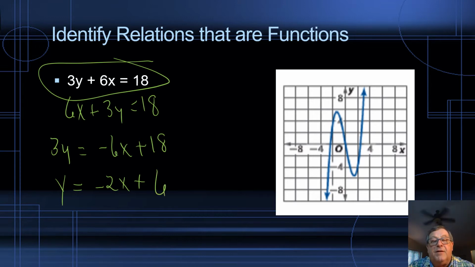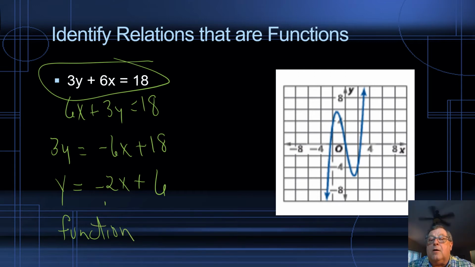And I now have this in slope-intercept form, and therefore this is a linear function. If I wanted to graph it, I could go on my graphing calculator. It's going to be a line with a negative slope, coming down and to the right with a y-intercept at 6, and a slope of -2. And so this is a function.